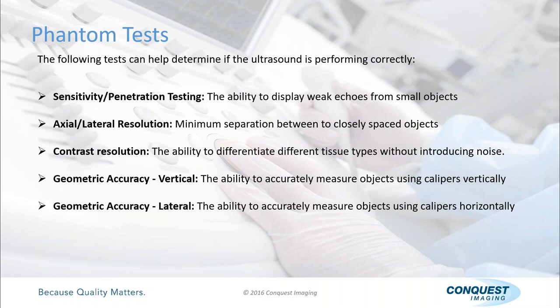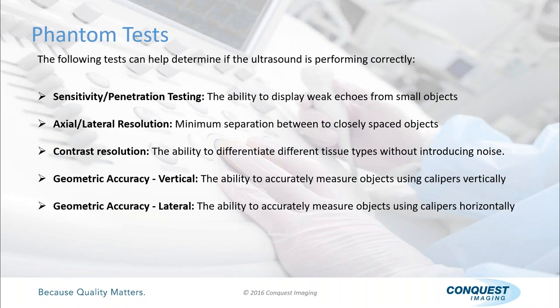Geometric accuracy, we have not talked about vertical and lateral, but if you take the time to come up here, I'd be happy to show you. There are arrows on the phantom, or measurements top to bottom, that define these objects, how far they are apart.